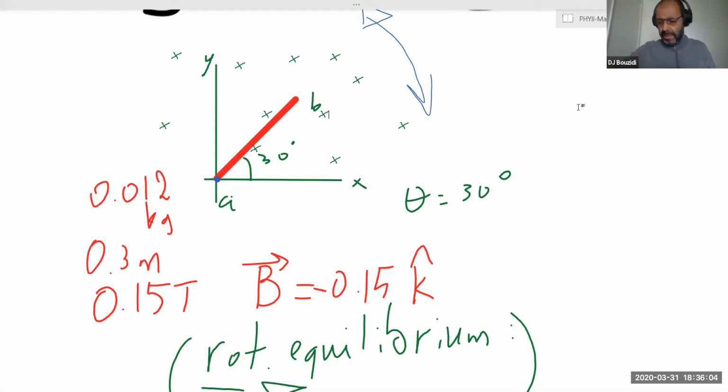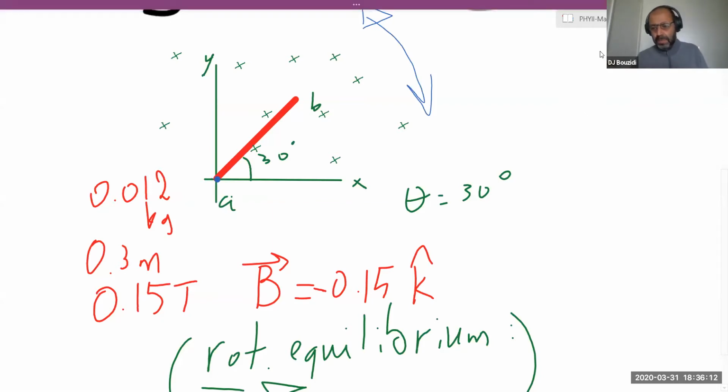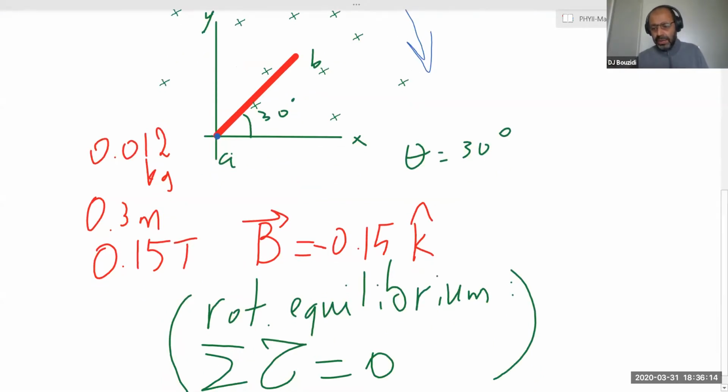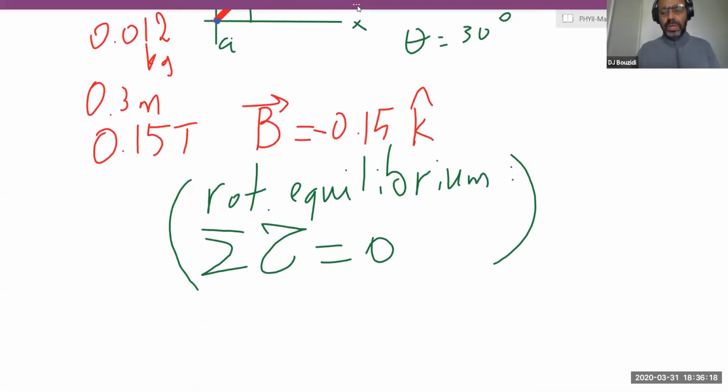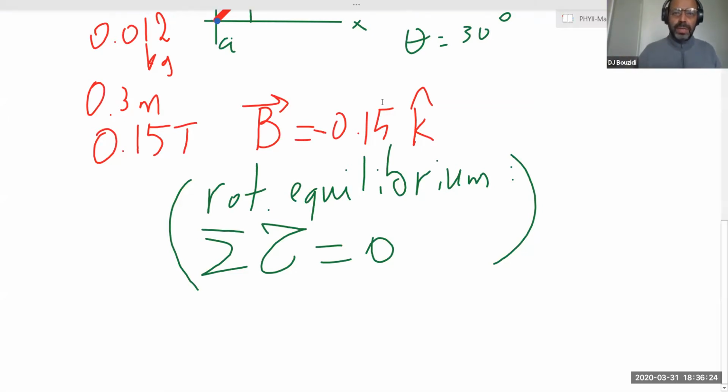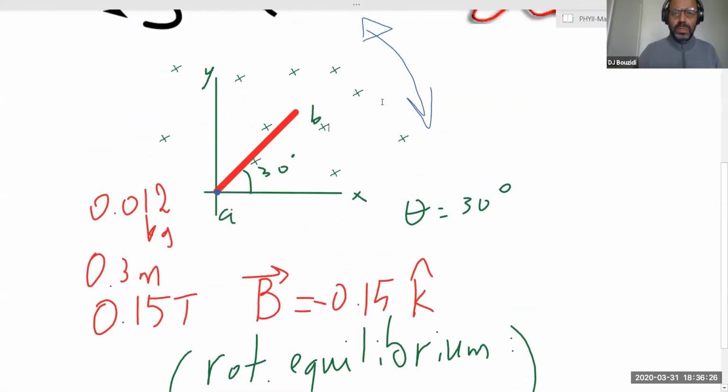There is a theorem, and the proof is not hard to do in physics 250, showing that if a rigid body is not rotating around any axis, it will not rotate around any other axis you choose. So technically, there is a complete choice of where you put your center of rotation.